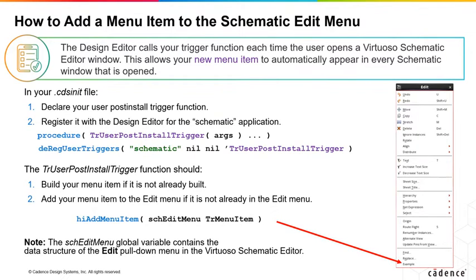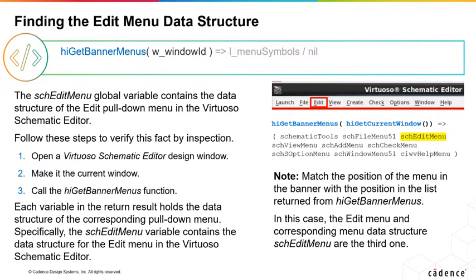Now to note here, the schematic edit menu is a global variable that contains the data structure. And the question might be, well, how do I know what that schematic edit menu global variable is? And on the next slide we'll explain that in more detail and how you can locate that. So in order to find the edit menu data structure to pass into our procedure, we can do the following.